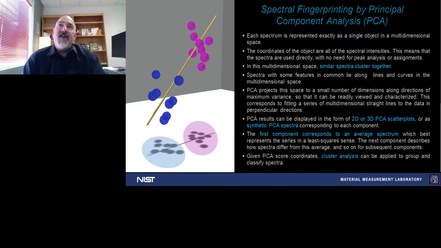So this large multidimensional space will group together spectra according to their degree of similarity and difference.